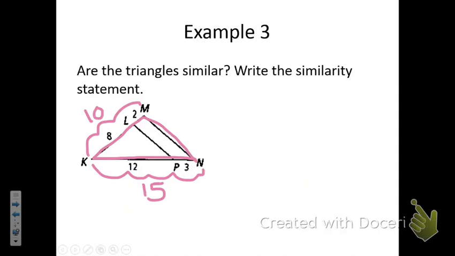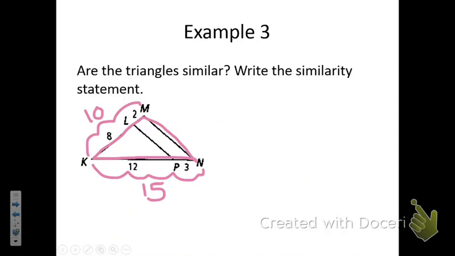But I need a third piece of information. So which shortcut do we think that we might be able to use here? Which one did you say? Okay, side, side, side. But do I know 3 pairs of sides? No, I only know 2, right?